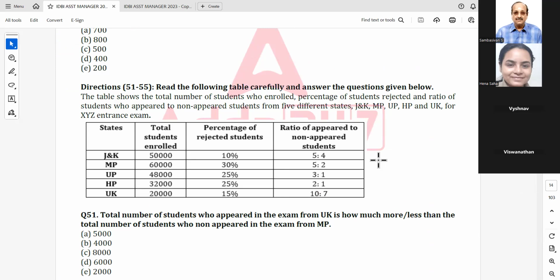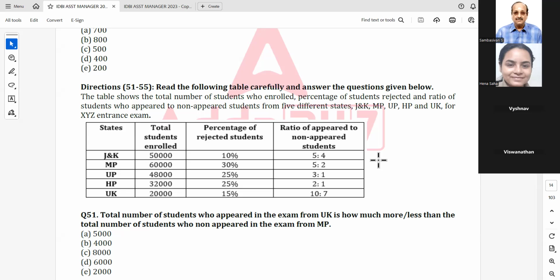The table shows the total number of students who enrolled, percentage of students rejected, and ratio of students who appeared to non-appeared students from 5 different states: J&K, MP, UP, HP, and UK for XYZ entrance exam. What is UK?